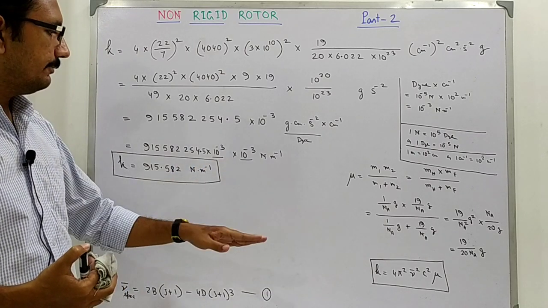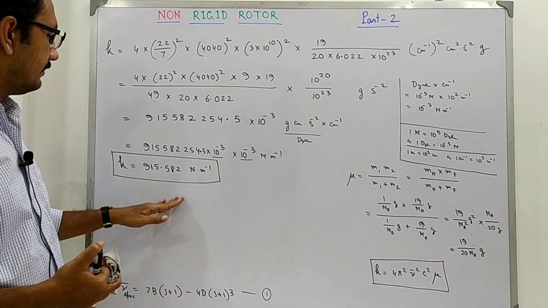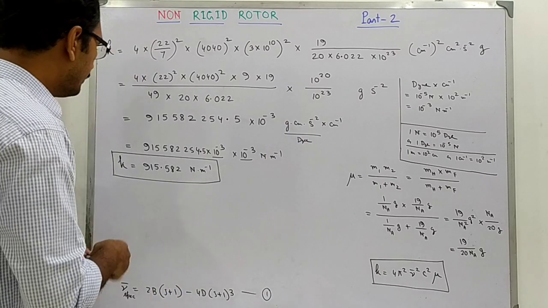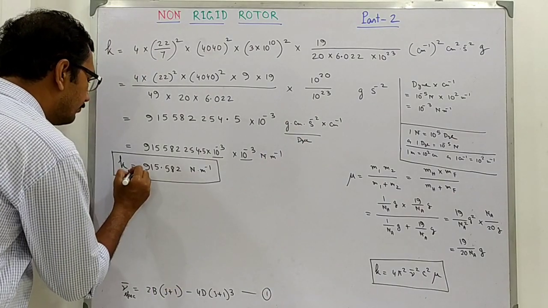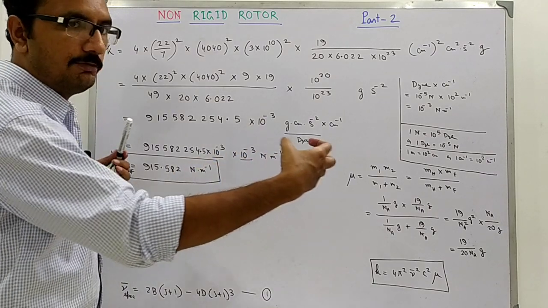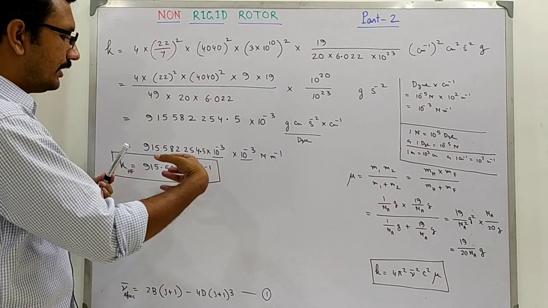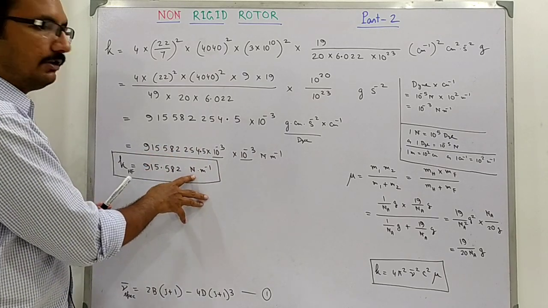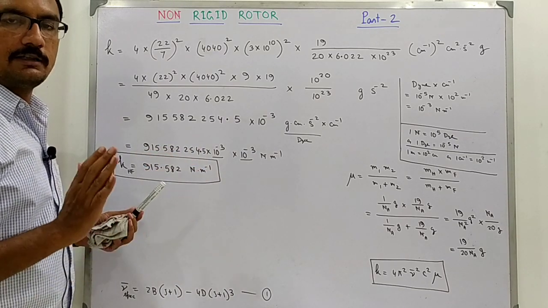And another important information we have been able to extract is the force constant of the molecule hydrogen fluoride. So the force constant is found to be 915 Newton per meter. So to expand the molecule by 1 meter or to compress the molecule by 1 meter, you need 915 Newton force. So that is a huge amount.